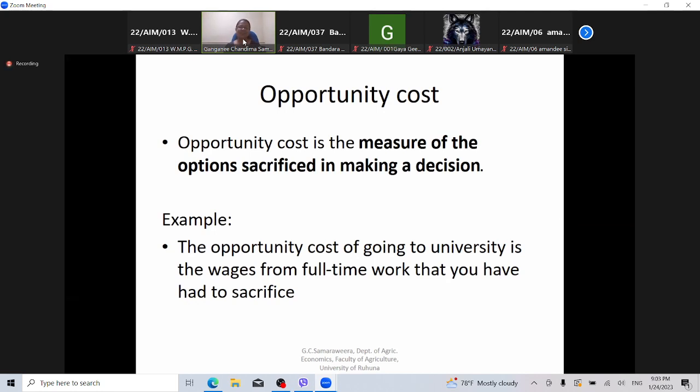Then you may get, let's say, 5,000 rupees. But without going to that part-time job, you came to the lecture to learn something. So what is your foregone cost, or opportunity cost? Let's say you planned to get 5,000 rupees working in a hotel during these 2 hours. Then what is your opportunity cost?